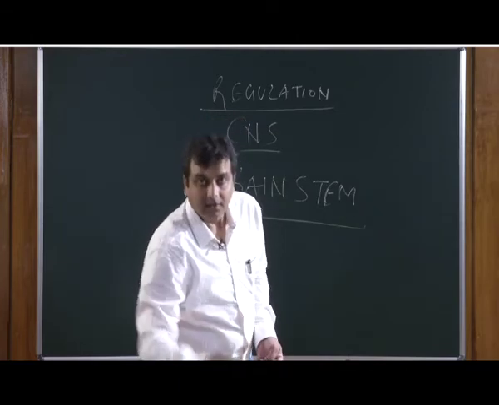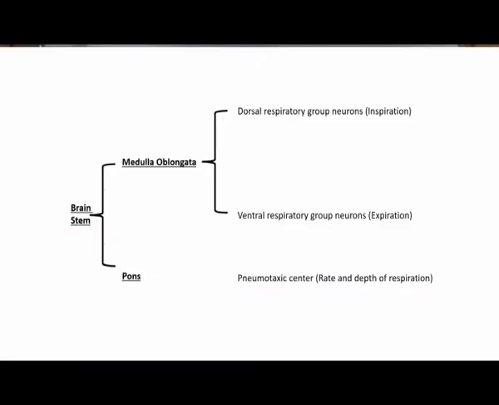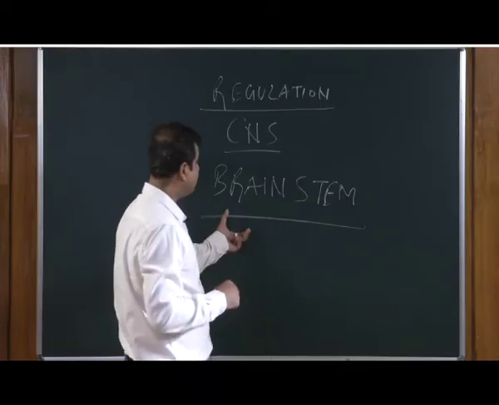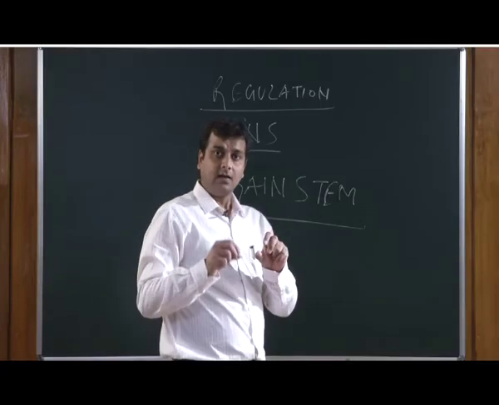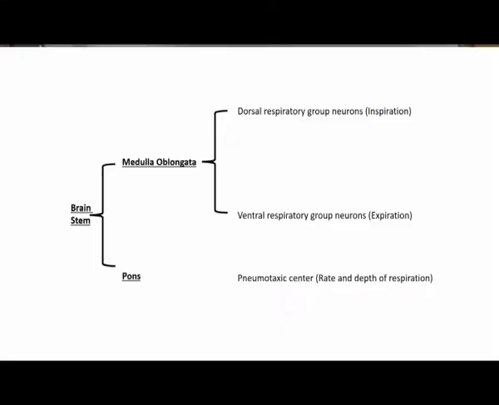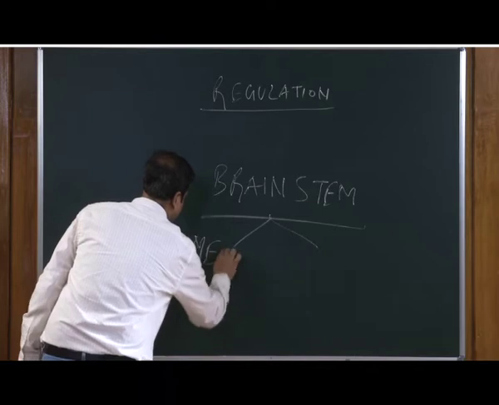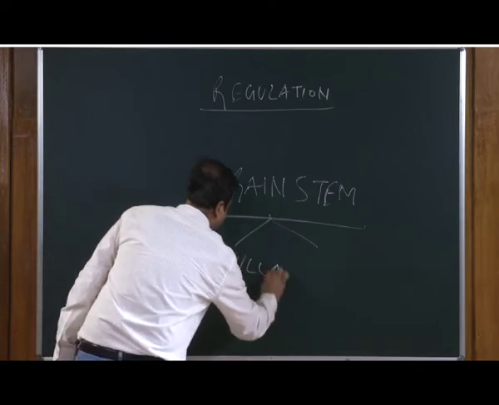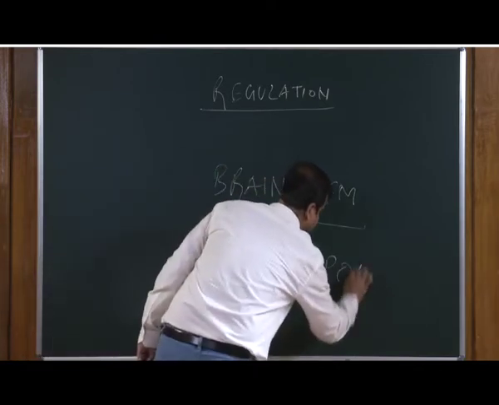So, this slide is just summarizing some of the important structures in the brainstem that are regulating the respiration. This whole brainstem is divided into two parts. One is called medulla, and the other is called pons.